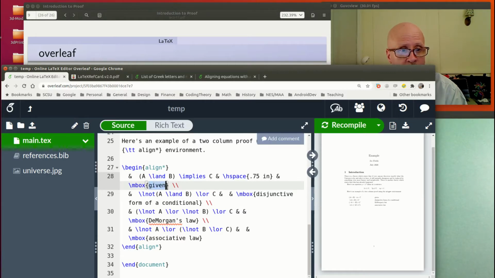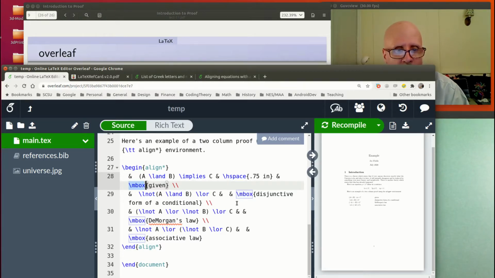That was the given statement, the thing we started with. Now, you may ask, why is it inside of this other function called slash mbox? Well, right now we're in mathematics. We're typesetting as if it were a mathematical equation, but I just want a plain word. And mbox stands for math box, a box where you can type regular text inside of math.